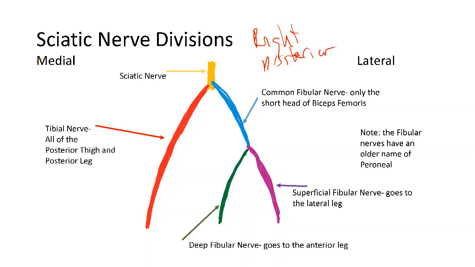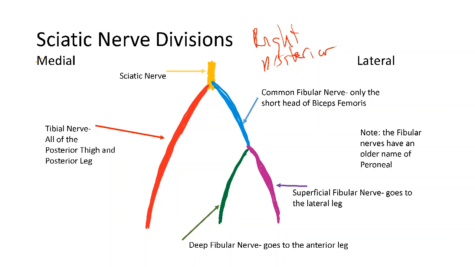Okay, so we come down with the sciatic nerve, and a little less than halfway down the thigh, it splits, and the tibial nerve corresponds to the radial nerve. Therefore, it goes all the way down, all of the posterior thigh, all of the posterior leg to the bottom of the foot. So the tibial nerve is very long, and it goes medial.